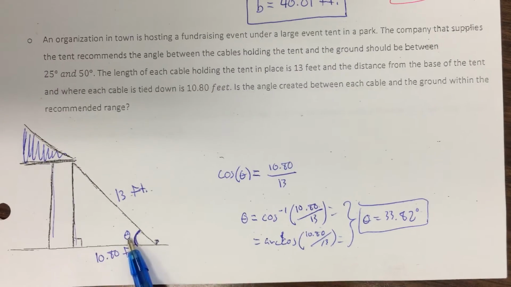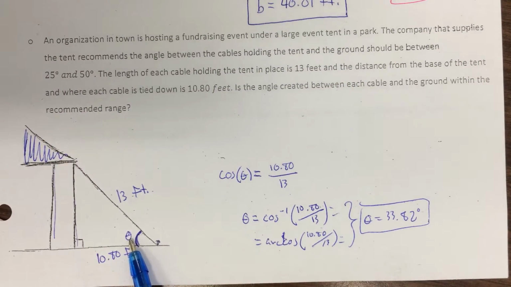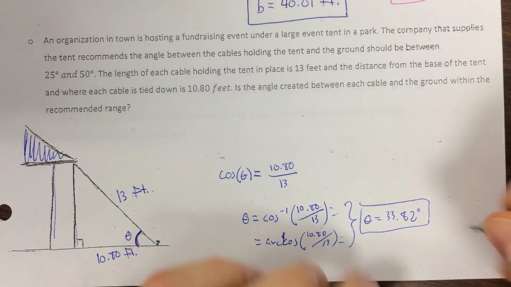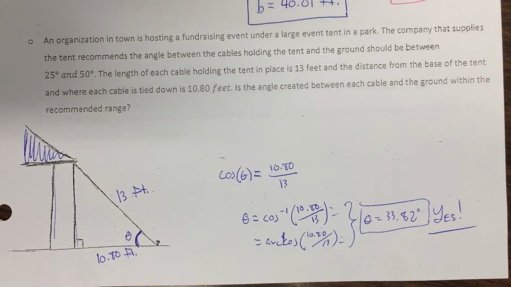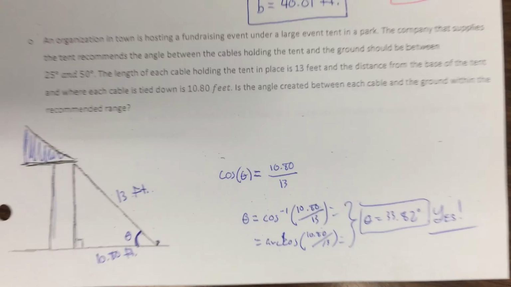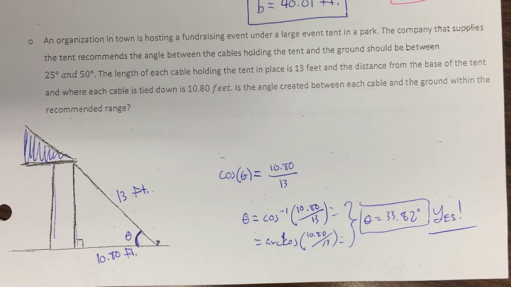So this angle would be 33.82 degrees. That it is within our recommended range. So yes, we're good. It's in our recommended range. We can go ahead, use that tent, and use the inverse trig functions to solve that problem.